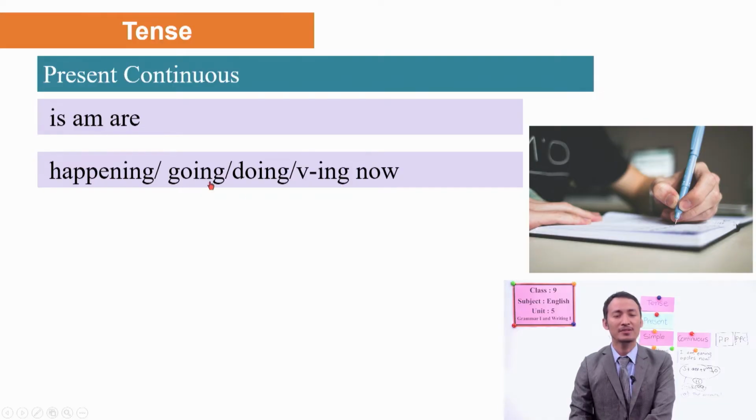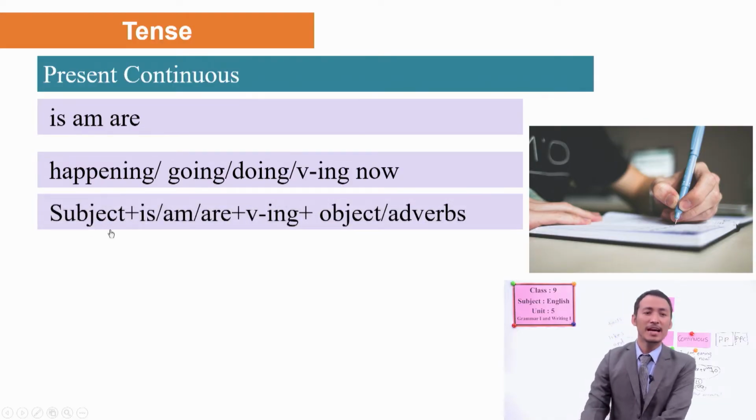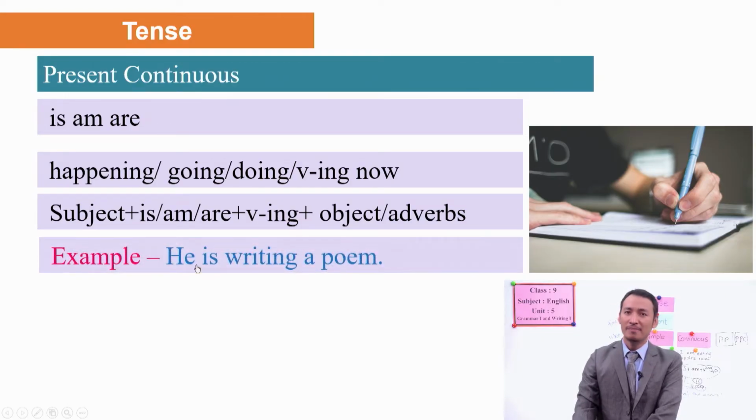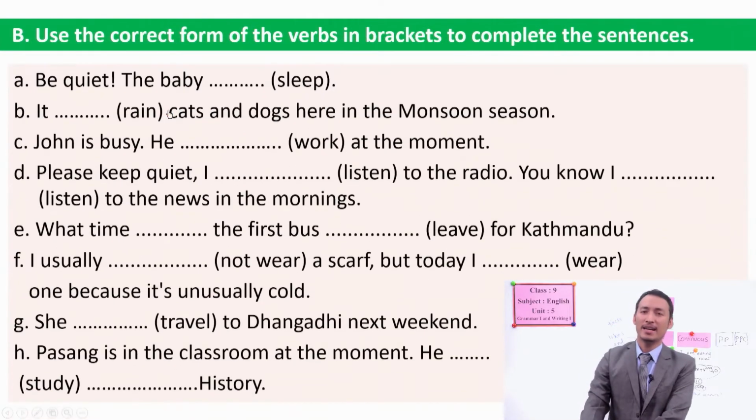That's the actions going on. And we have the structure like subject, is, am, are, verb ing, and object or adverbs. And then examples can be he is writing a poem, she is doing her homework, and so on. Okay, these are the things about present continuous tense and simple present tense. Now let's look at the exercise B.